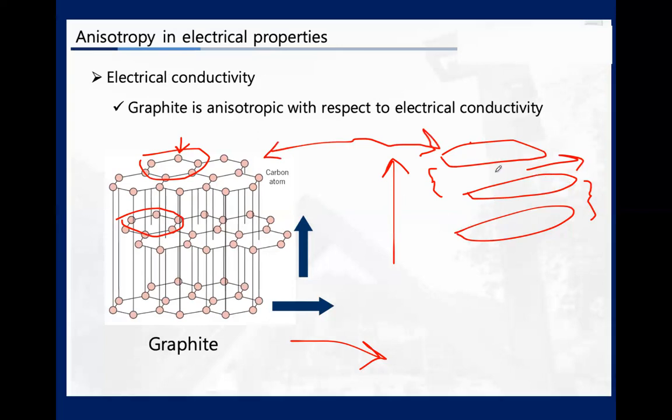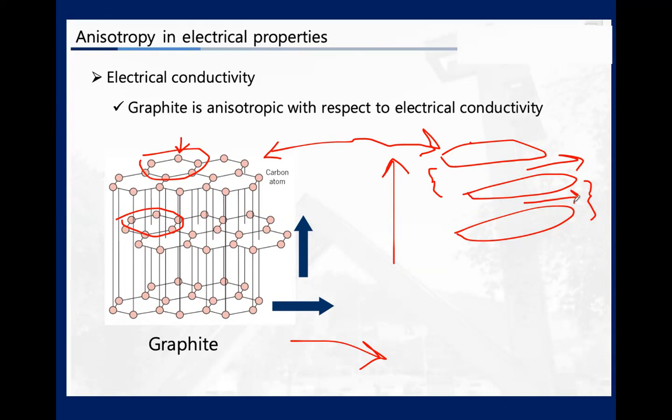So in between, what do you have? There is nothing in between. So weakly bonded layers are there, with weak van der Waals forces. That's why we find a slippery nature in graphite. Each layer moves or slips relative to the others because of this weak bonding in between.